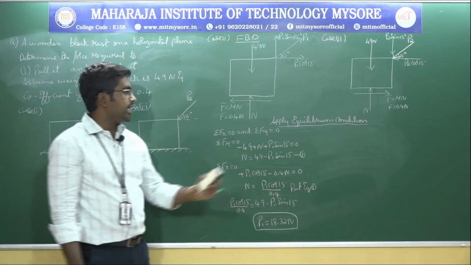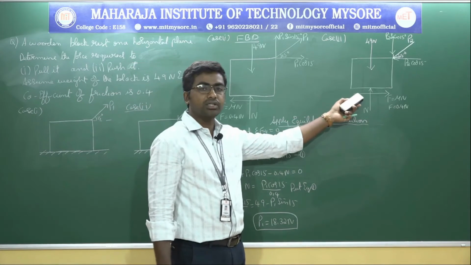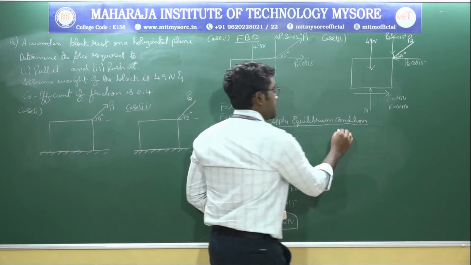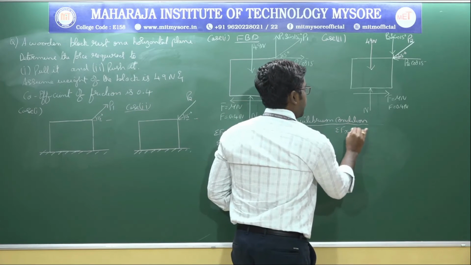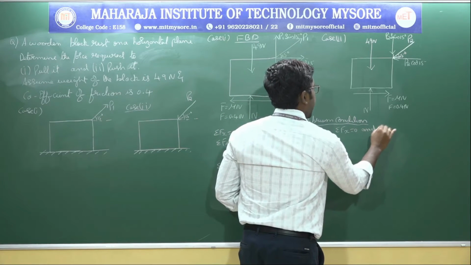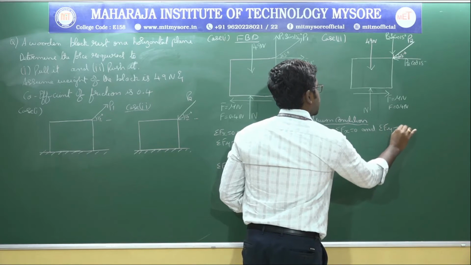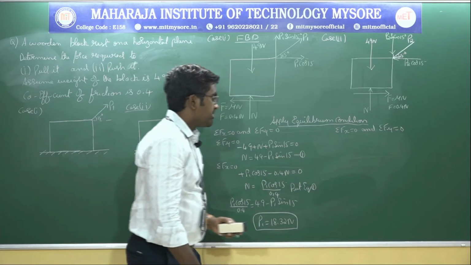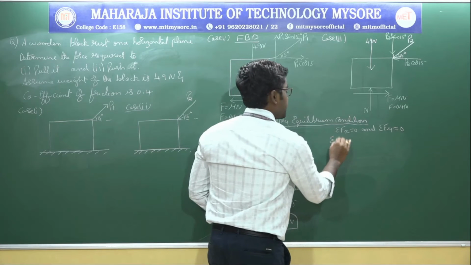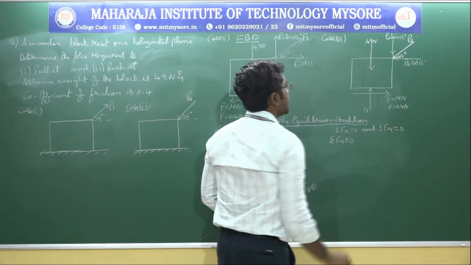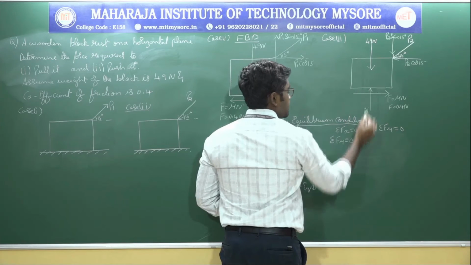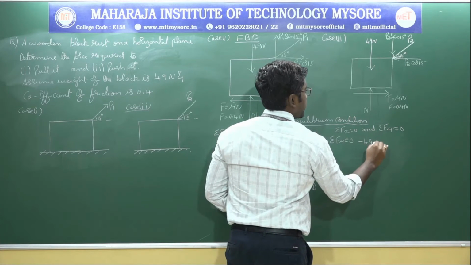In the same way I need to apply the equilibrium condition for this free body diagram, that is summation of Fx is equal to 0 and summation of Fy is equal to 0. First let me apply summation of Fy is equal to 0. This is vertical and it is minus 49.